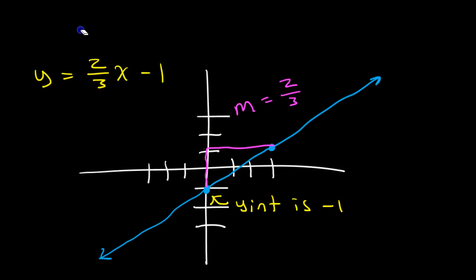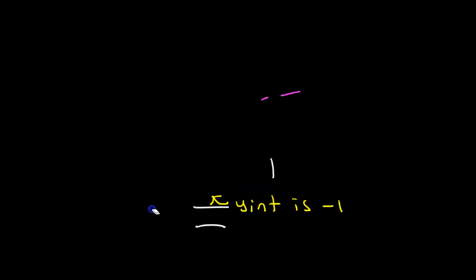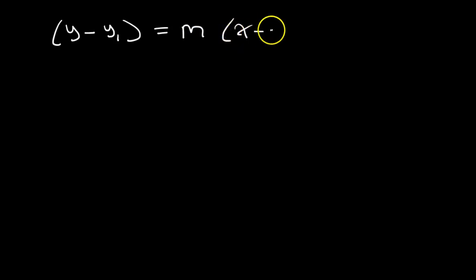But there's another model for the equation of a line called point-slope form. And this model is actually going to be more useful for us. It goes like this: y minus y1 is equal to m times x minus x1.